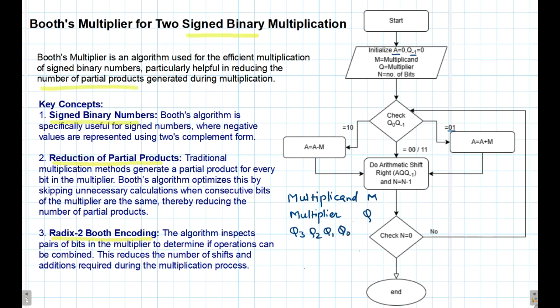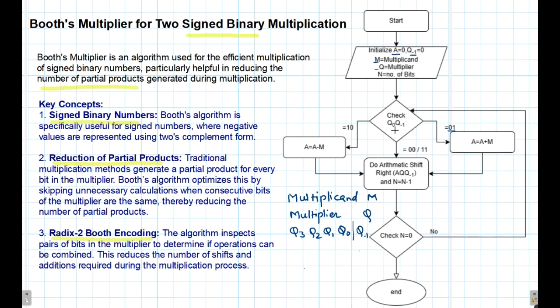We are going to consider the additional bit Q minus 1 for this algorithm. We initialize variables A, Q minus 1, M with the values given by the user, that is the multiplicand M and the multiplier value to Q. The number of bits N is calculated from the number of bits of the multiplier.